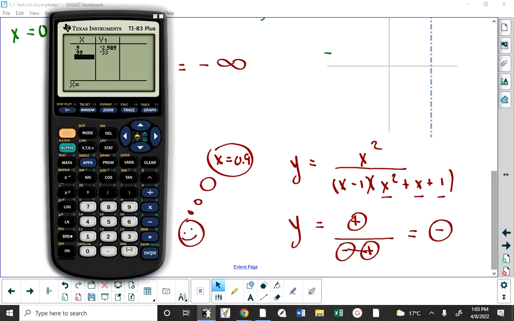I put in 0.9999 just for kicks, which is really close to 1 from the left, and I'm getting negative 6,127. The point is, as I get closer to 1 from the left, y explodes in a negative direction.